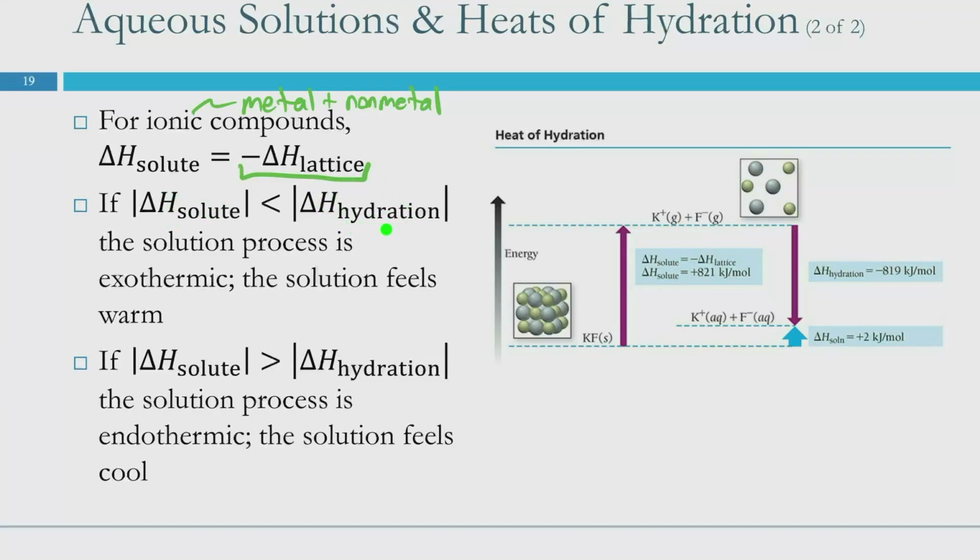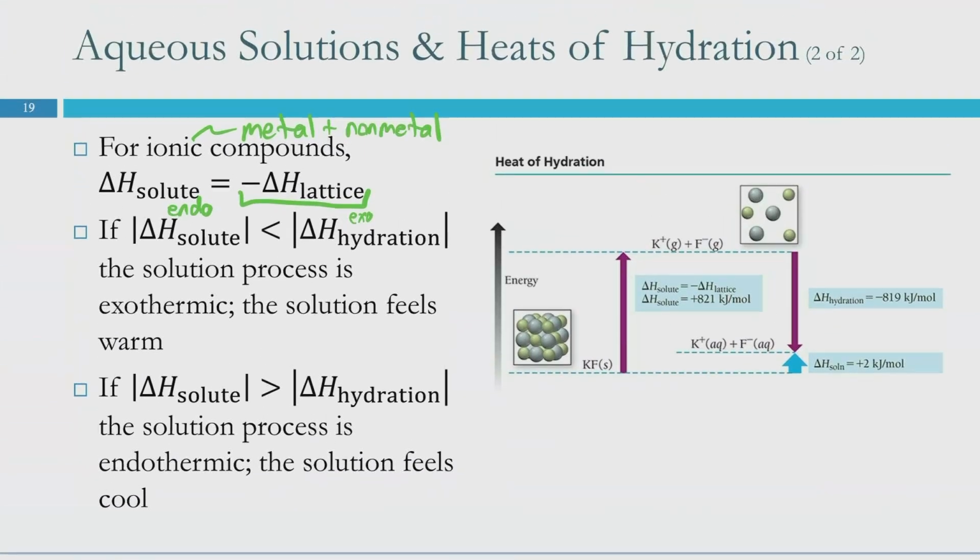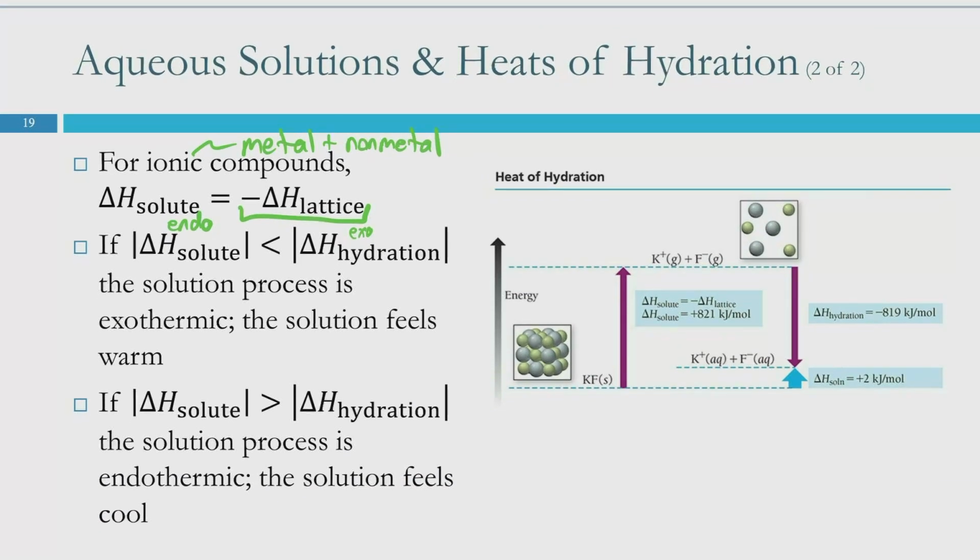If the heat of hydration's magnitude is bigger, then the solution is going to be exothermic. The opposite is also true. If the delta H of the solute is greater than the heat of hydration, then it will be endothermic. Questions?